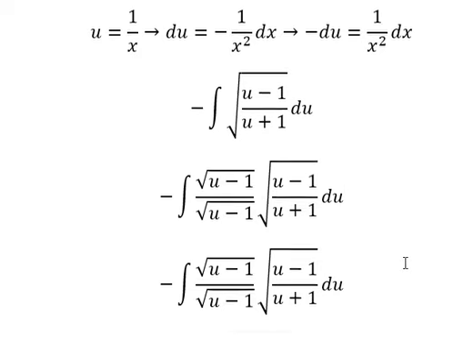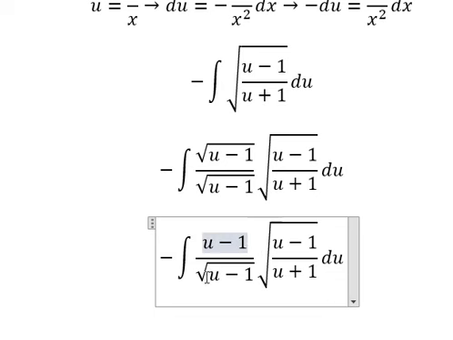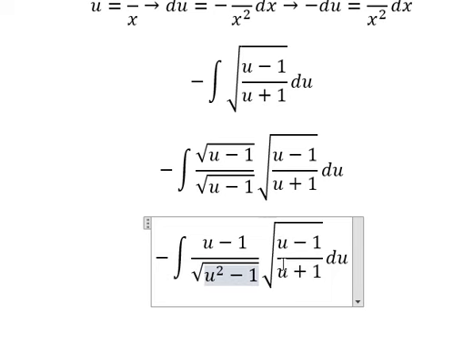So in this situation, we have this one with the square root of u minus 1. You get u minus 1. This one with this one, we have the square root of u square minus number 1.